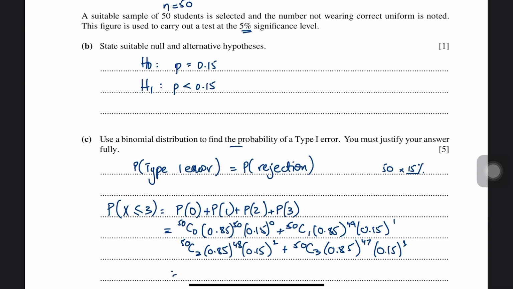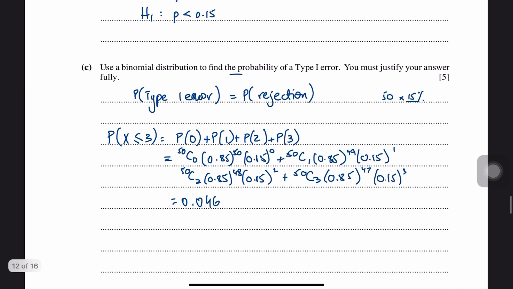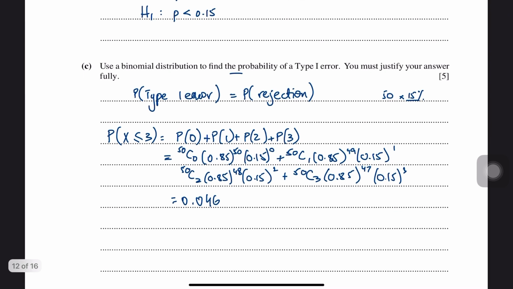I'm getting 0.046, which is approximately 5%. So I just need to do a bit of trial and error and see that if less than or equals to 4 gives me a better number.